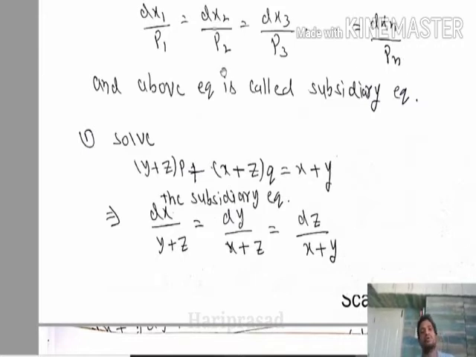Here also we have to solve all these equations, then we get the solutions u1, u2, so on, un. Writing an equation of this type is called the subsidiary equation. Whenever we want to find the solution, we first have to write the equation in the form dx by something, dy by something, and dz by something.